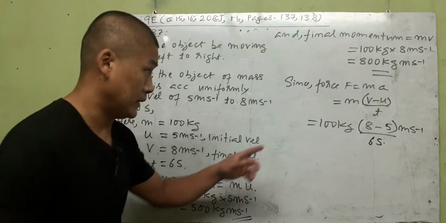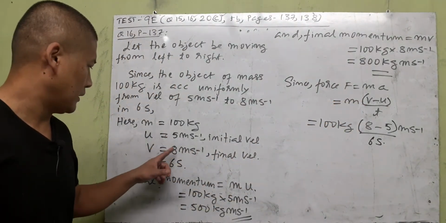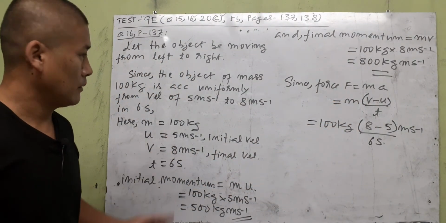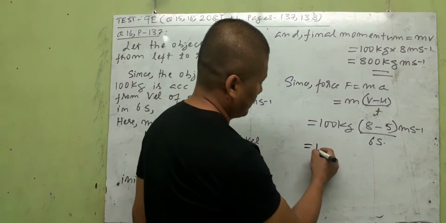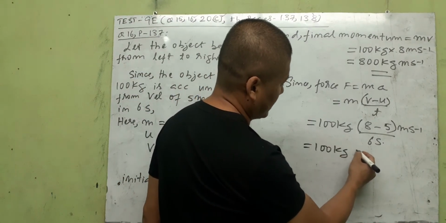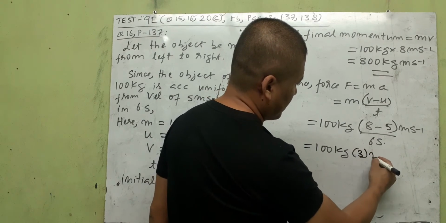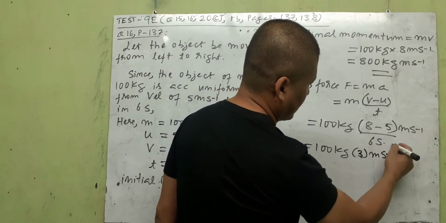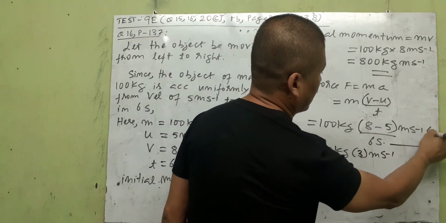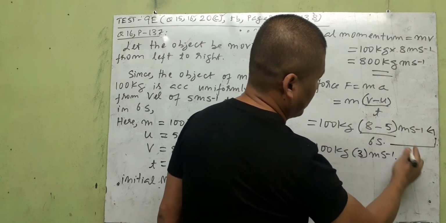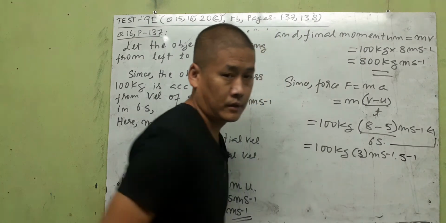As you will see here, v minus u, 8 minus 5. So this will be 100 kg in the simple case of 8 minus 5 is 3 meter per second. And then if we shift this up to the numerator, second to the power plus 1 will become second to the power minus 1.